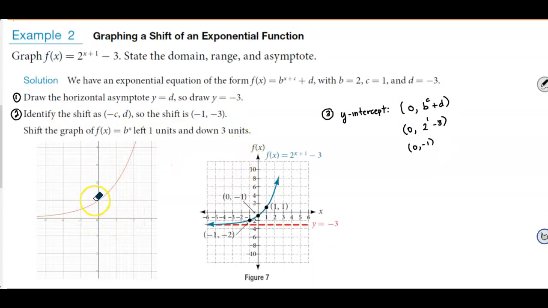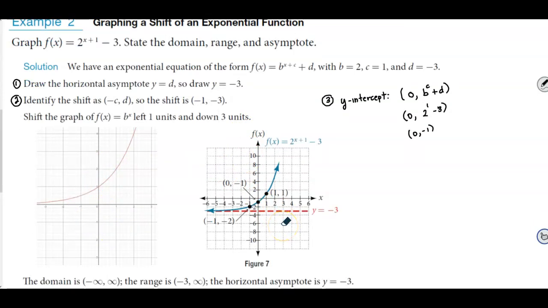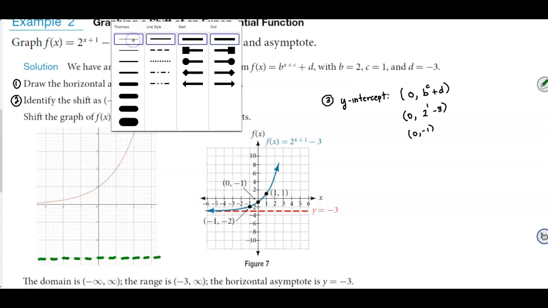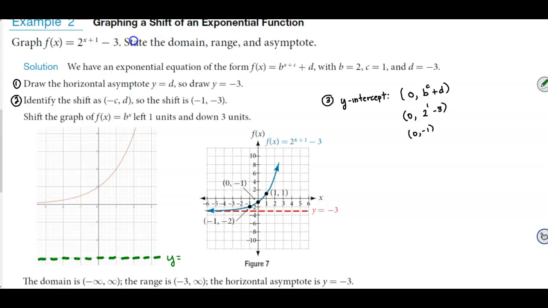I'm going to do this on one graph and then compare it to the solution. Down here at negative 3, we draw our horizontal asymptote, and that represents y equals negative 3.